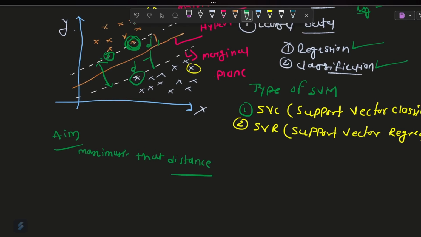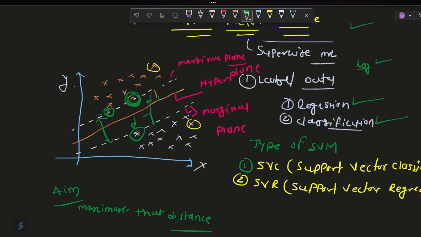There are many things to learn, but I hope that's the basic introduction of support vector machine.